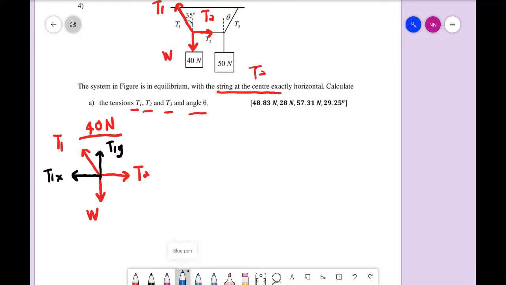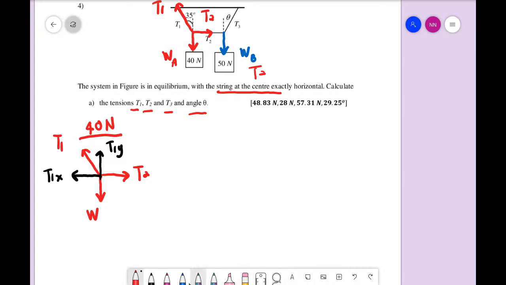And then how about the object of 50 Newton? For the object of 50 Newton, it has weight. Maybe we can name it weight B, so weight B is for 50 Newton, and weight A is for the object of 40 Newton.